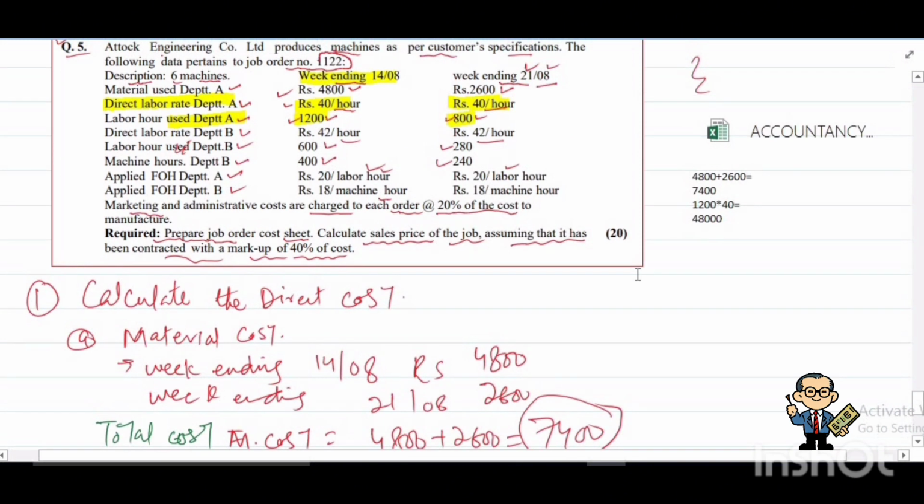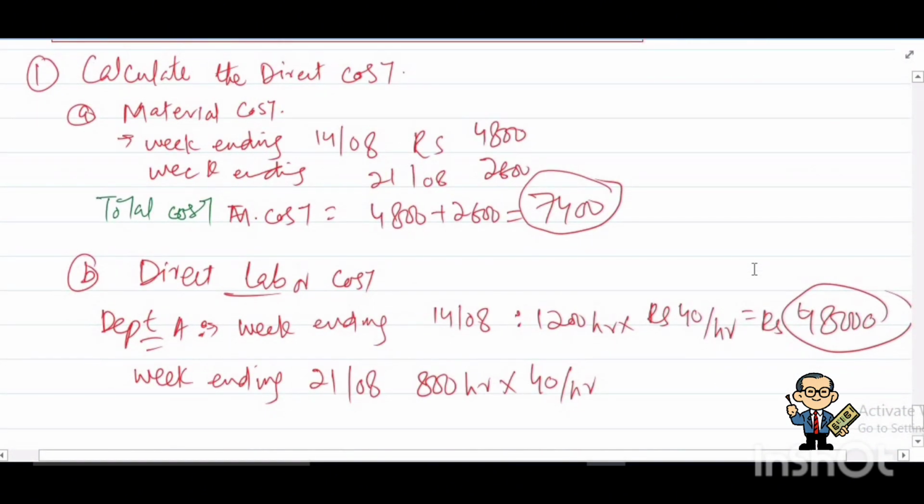Let me check it. Yeah, the same rate is given. So again we have to calculate the total amount: 800 multiplied by 40. So this will be 32,000.